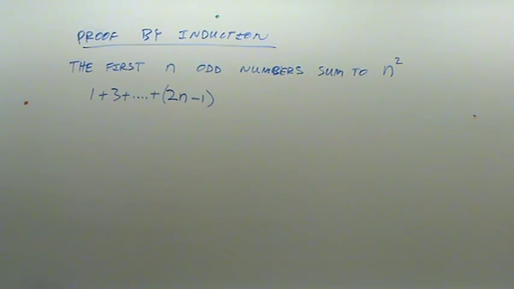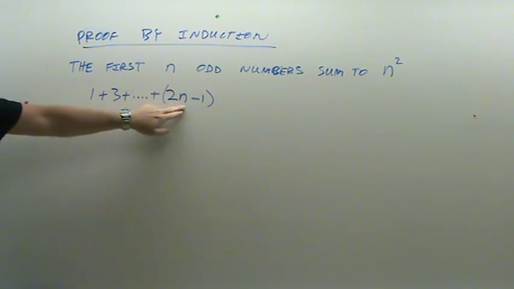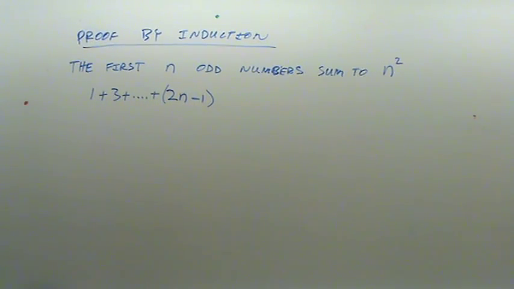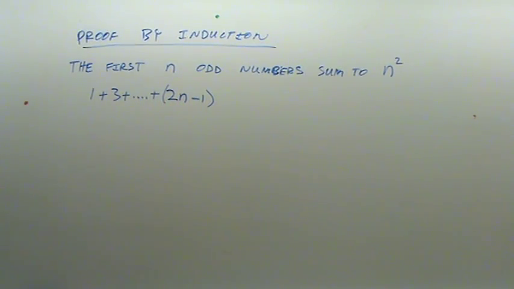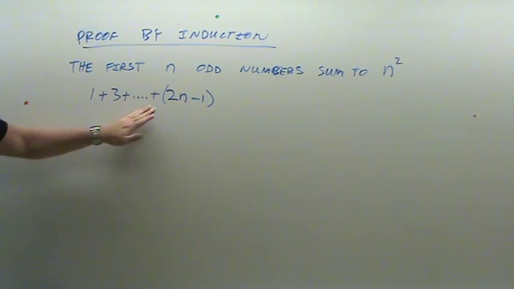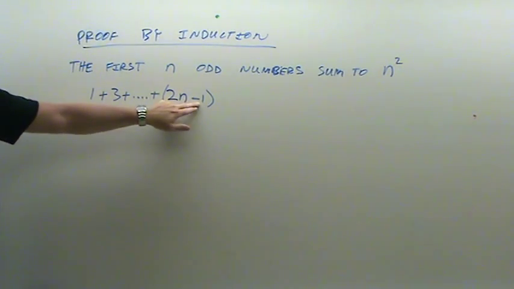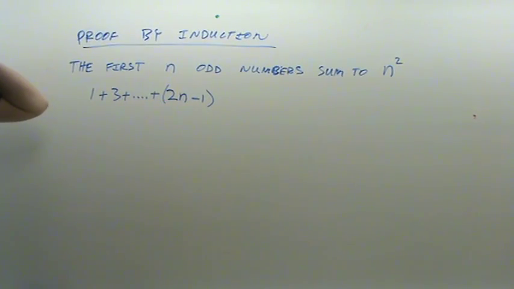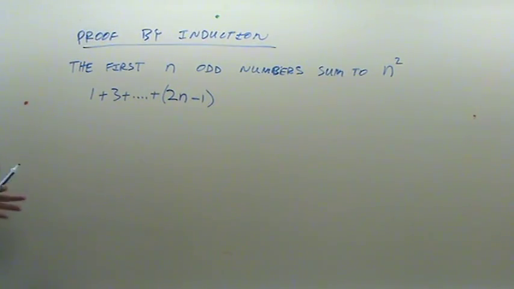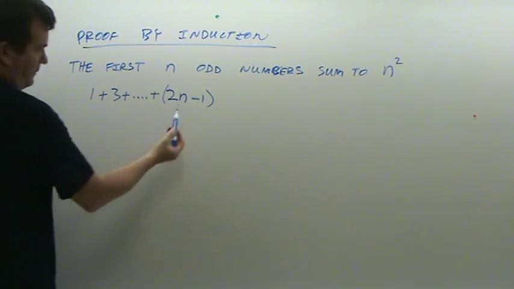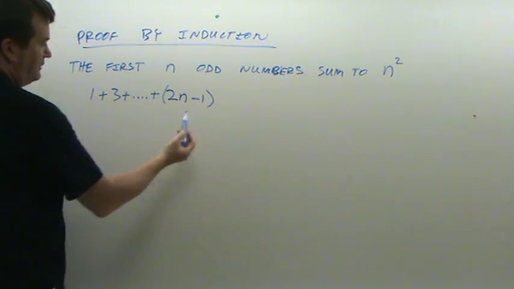The last number is going to be 3 times 2 is 6, minus 1, which is 5. So if you wanted to say, what are the first 10 odd numbers? It would be 1, 3, 5, 7, 9, 11, 13, 15, 17, 19, and we'd stop at 19, which is 20 minus 1. So however many numbers there are, we take 2 times that minus 1.